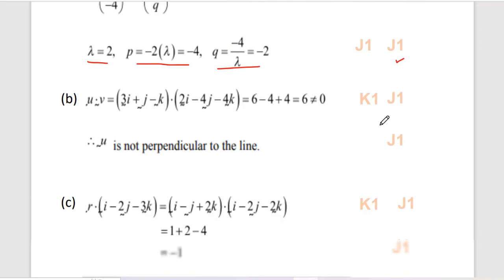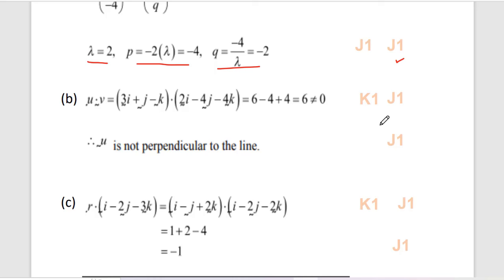Next, look at part B. You need to determine whether the vector U and line L are perpendicular or not. We can substitute the value of P that we got in part A, and then find the dot product U dot V. From here you get 6.